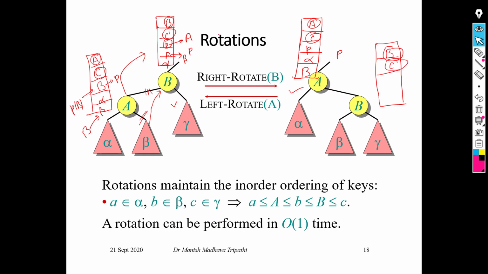The parent was changed and it became A. So A will be here, and on the place of A, beta is here. That means on the left hand side, beta will be copied here and gamma was unchanged. That means the right child will be unchanged. And if we match the situation with this tree, it is rightly explained by this tree.